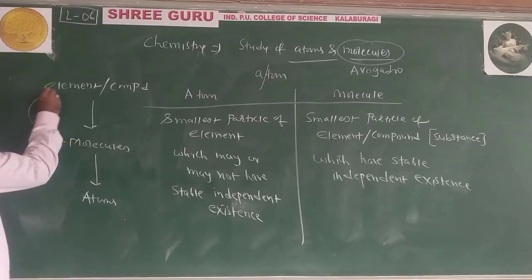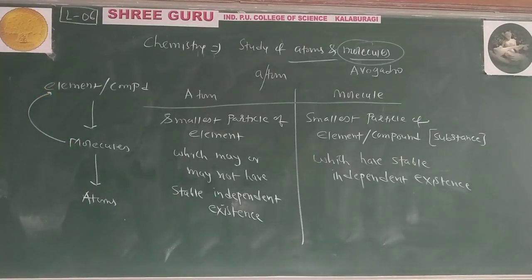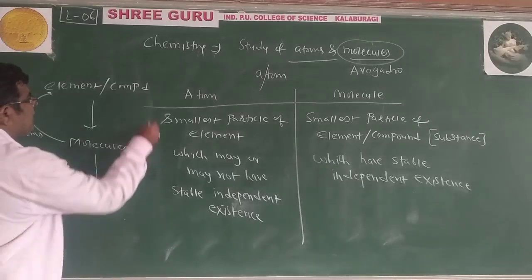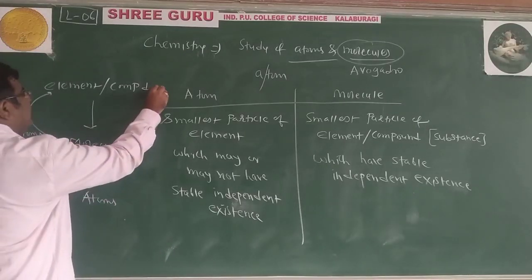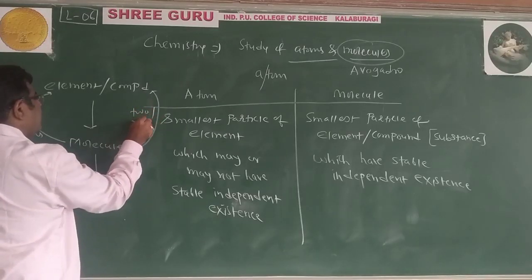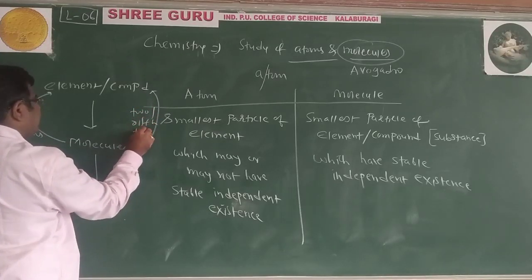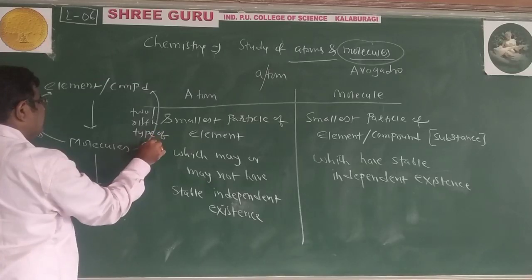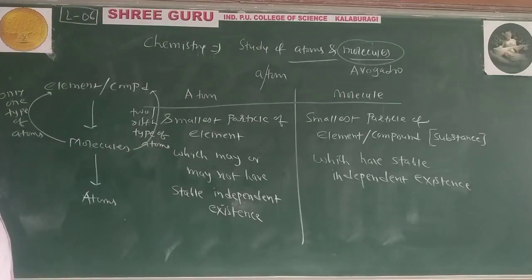Molecule of element consists of only one type of atoms. And molecule of compound contains two or different types of atoms. This is one way to simplify it.